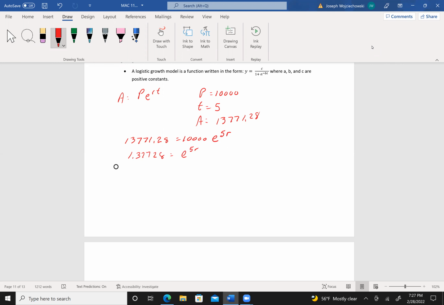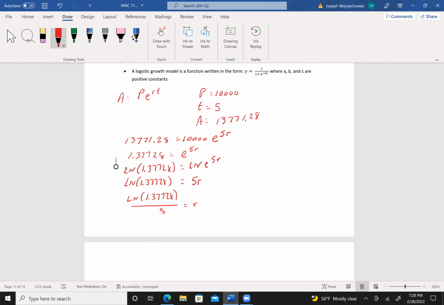Now, if I take the natural logarithm of both sides, the natural log of 1.37728 equals the natural log of e to the 5r. Well, this is simply 5r. And we'll leave this for now. The natural log of 1.37728, all divided by 5, equals r.